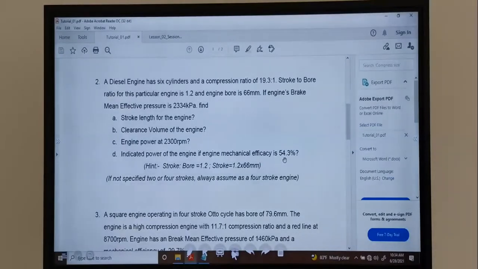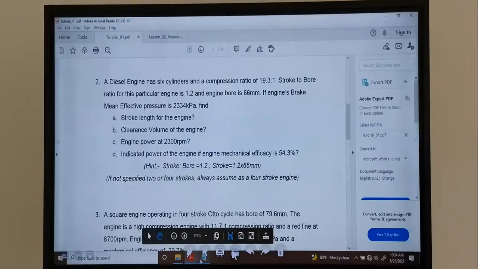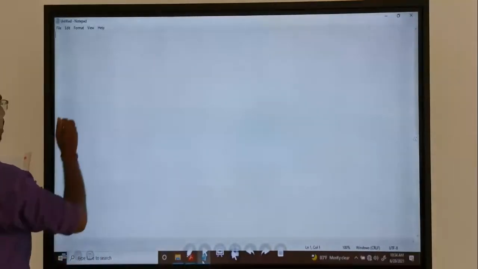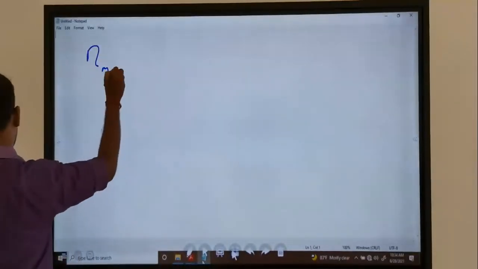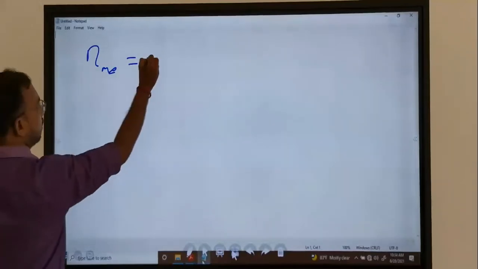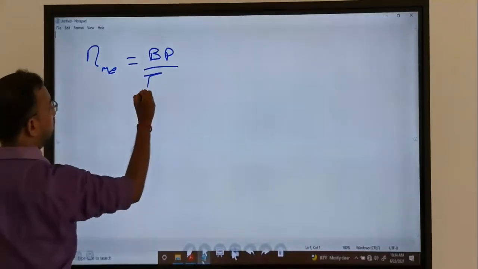We have to find the indicated power, but we know the brake power. This is simple. Mechanical efficiency is brake power over indicated power.